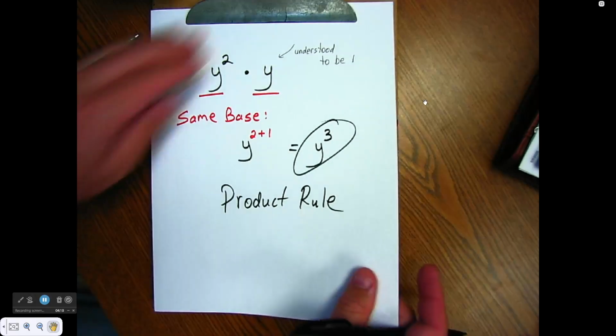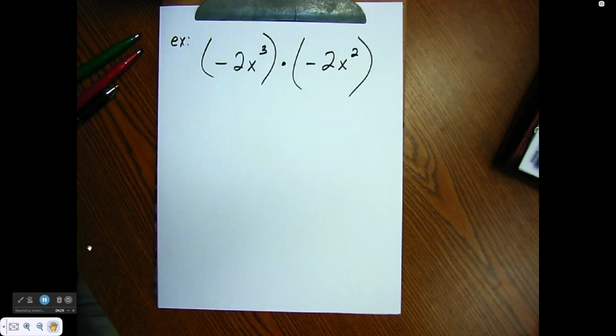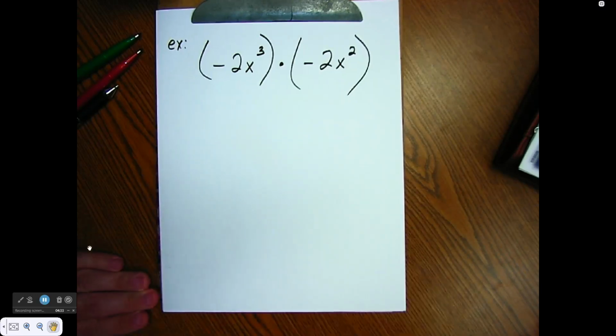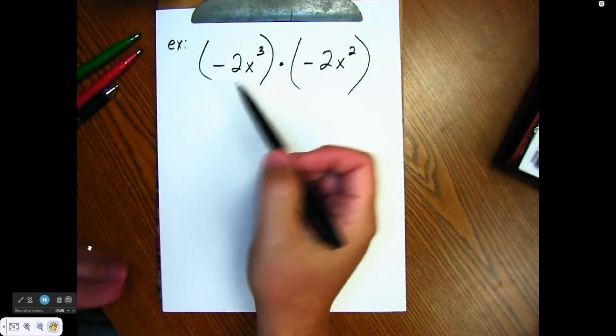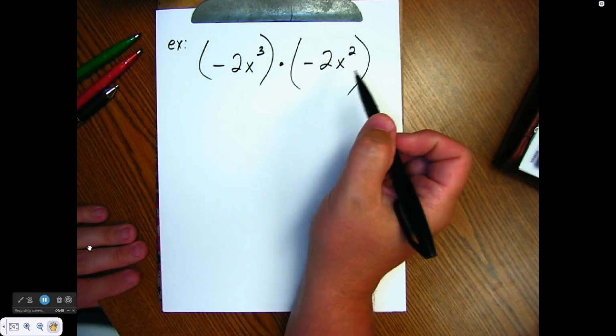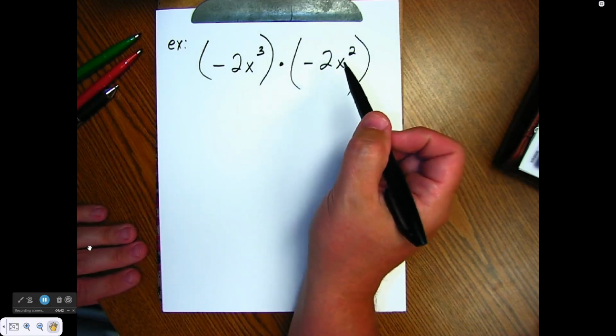Let's look at another example. All right, for our next example, we have in parentheses the quantity of -2x to the third times the quantity of -2x squared.